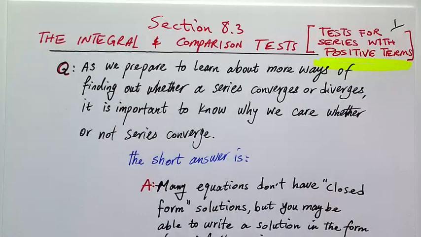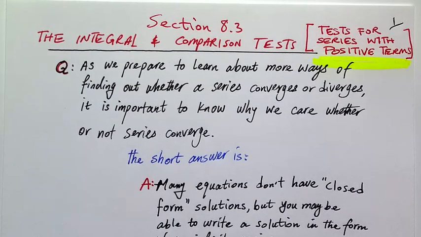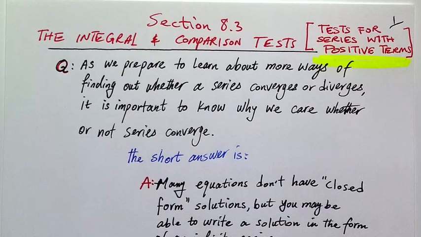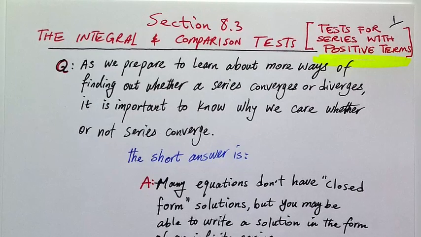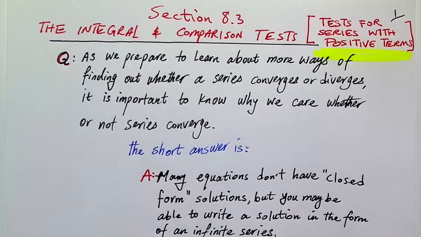Once again, as I mentioned in section 8.2, it's worth reminding everyone that we learn about series and whether they converge or not because series are often used to model solutions of very complicated equations. So when we talk about the series converging, we're talking about the series converging to a solution to some complicated equation, or at least that's one of the applications of it.